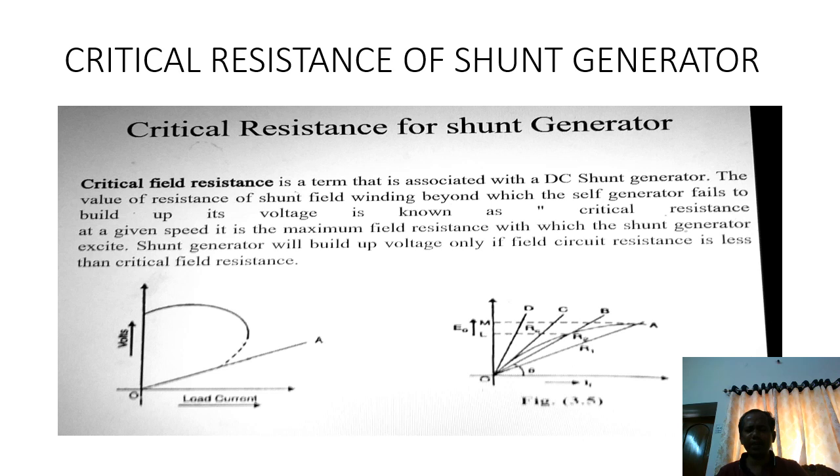A shunt generator will build up voltage only if the field circuit resistance is less than the critical field resistance. So at different speeds, the field current with respect to the different voltage characteristics are shown.